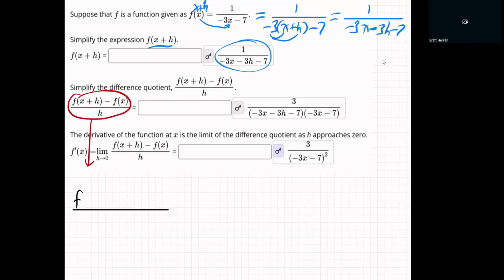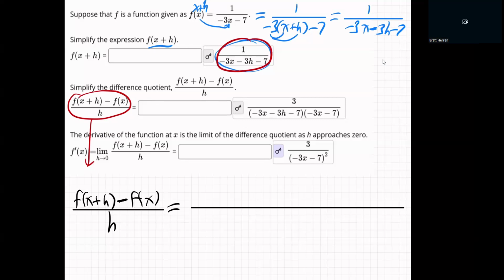It's going to be f of x plus h minus f of x all over h, and that is going to equal. So first off, f of x plus h. Well, that's right here. So in fact, let me just put it in blue to stay with that same color.